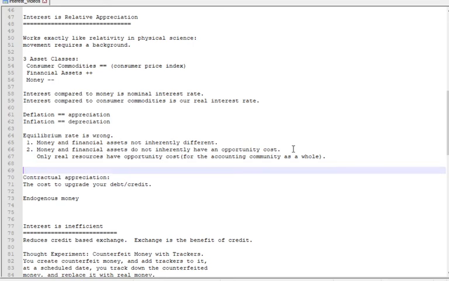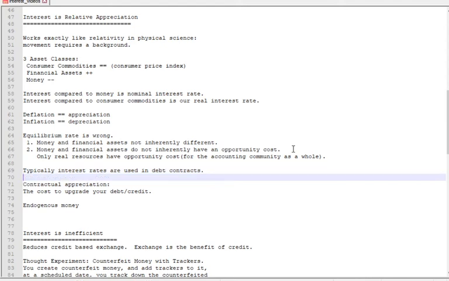Okay, now the third thing. Typically, interest rates are used in debt contracts. This is like when you get a credit card, when you get a mortgage, even when you sign a lease, that could be considered a debt contract.